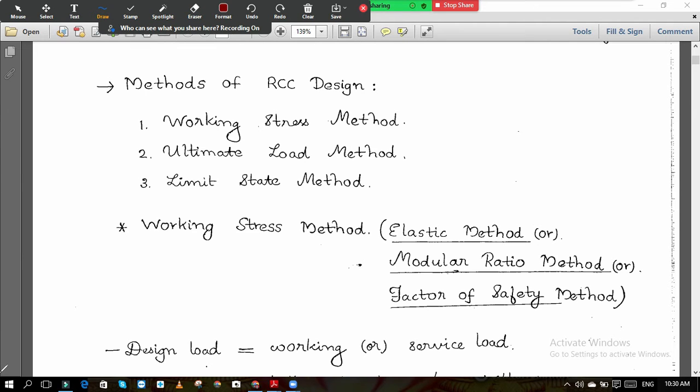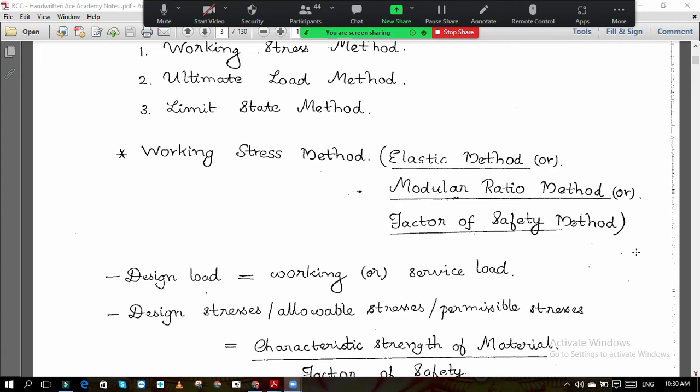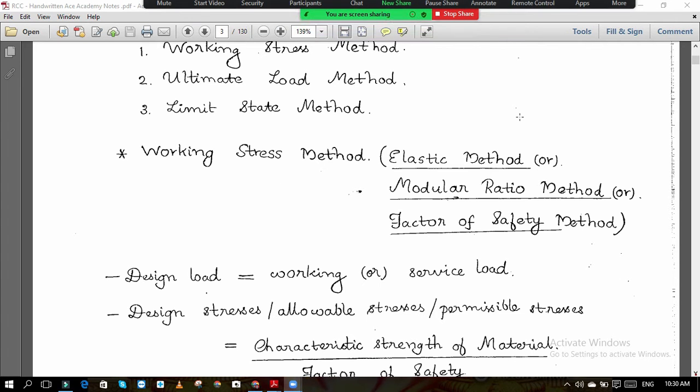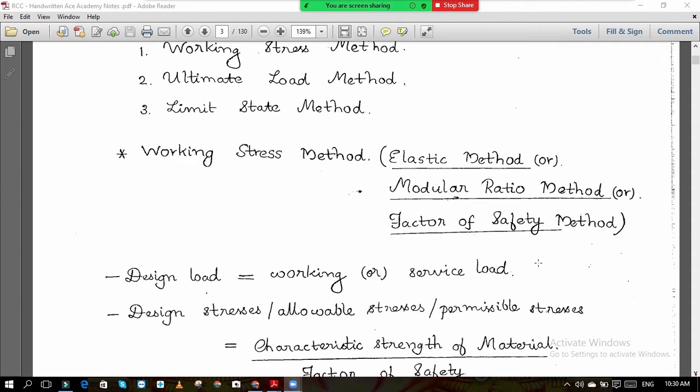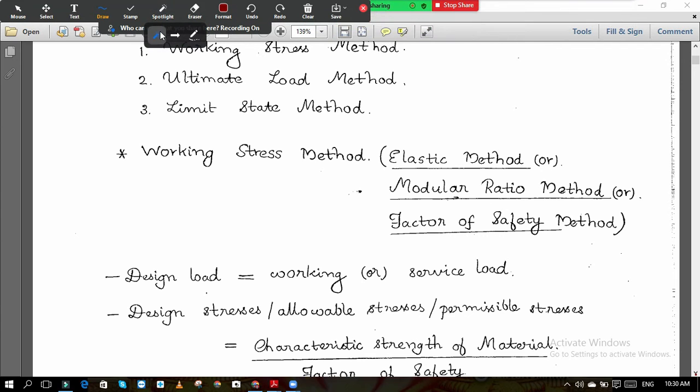Okay, so you can see here, working stress method. This is also called the elastic method, or modular ratio method, or factor of safety method.